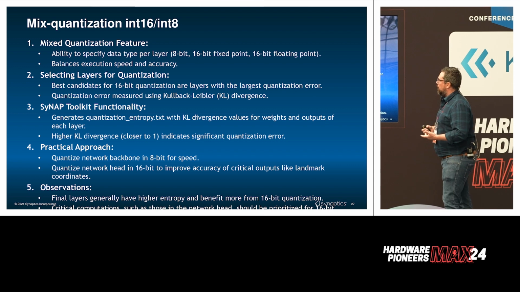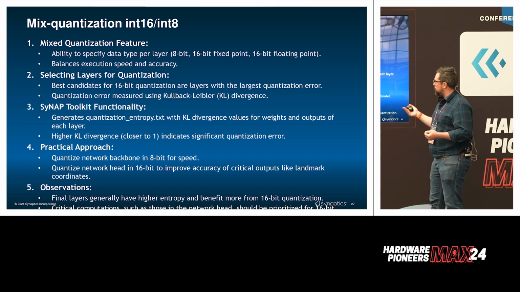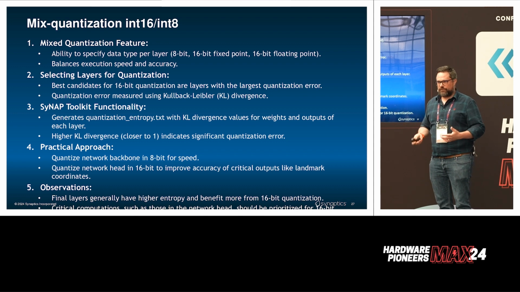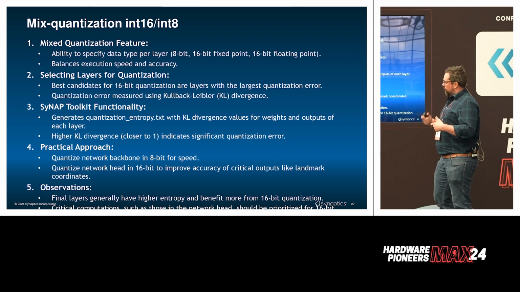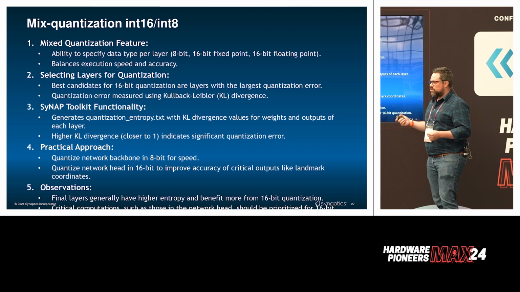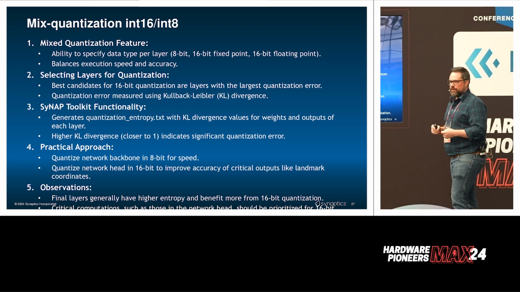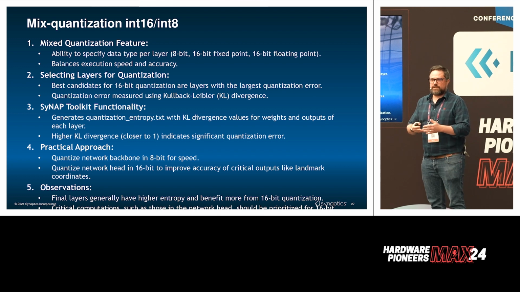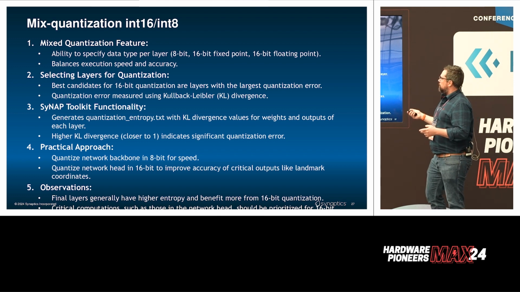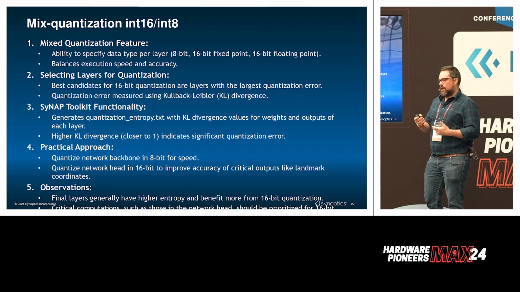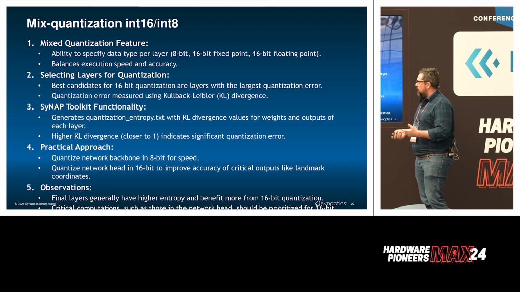How we do that is we use the KL divergence to measure the error. In Synap we have the functionality to generate the entropy for the different layers and give us the error for that part of the model. What we see is that the more you diverge, the closer you get to one, which indicates there is a lot of quantization error.